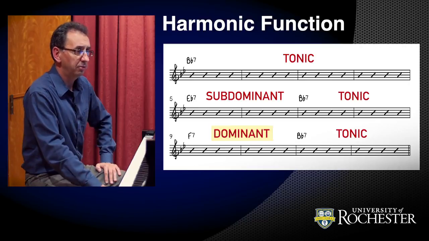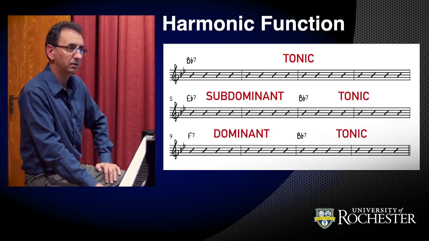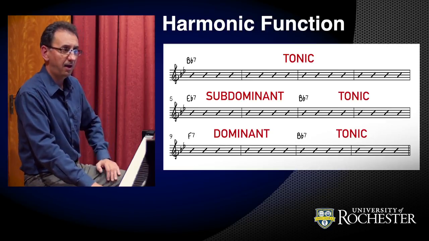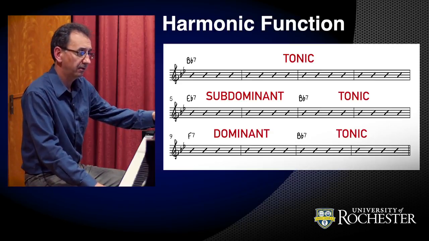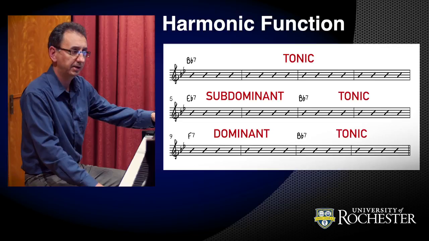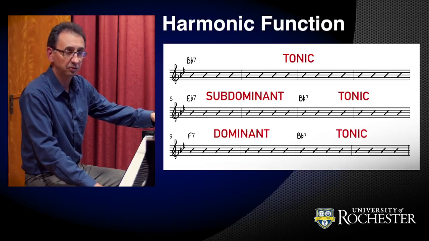With each label comes certain tonal behavior. The tonic chords are typically associated with a point of repose, with a degree of stability, and home. The dominant is the polar opposite of the tonic, associated with tension and propensity for resolution.